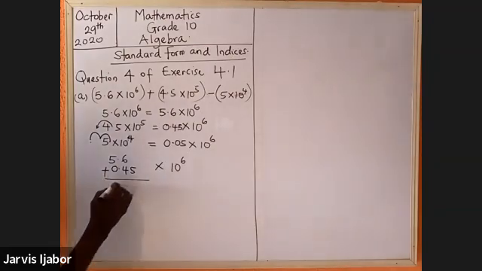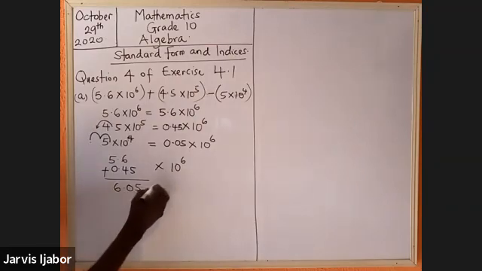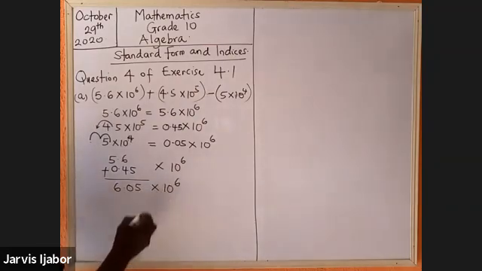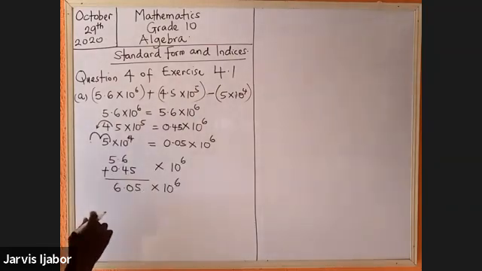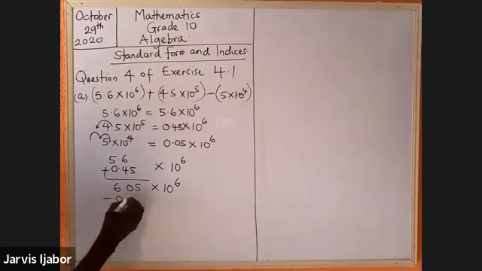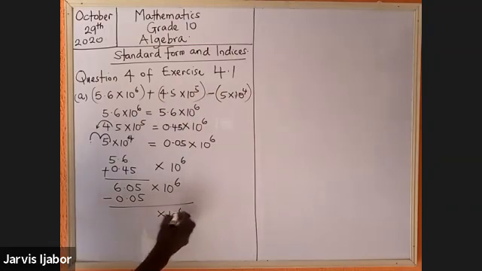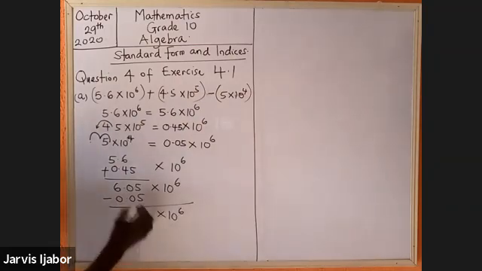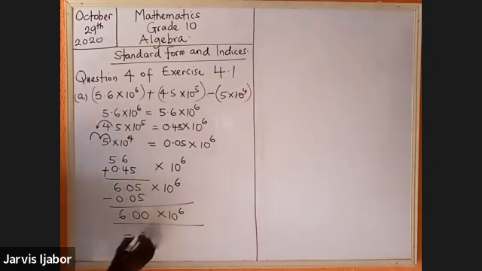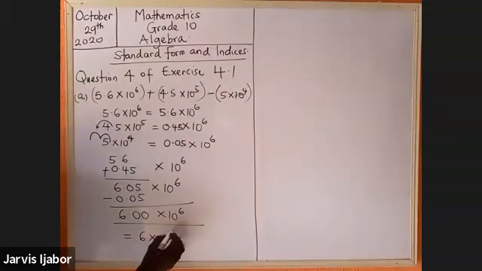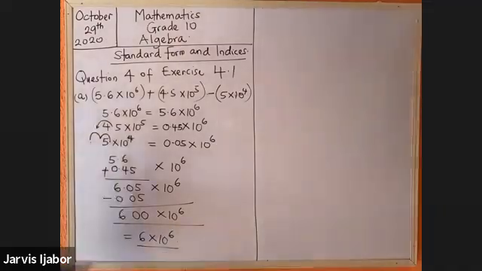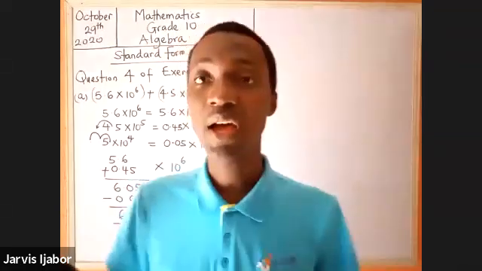This will give me 6.05 times 10 raised to the power of 6. And then I'll bring this one in, minus 0.05 times 10 to the power of 6. And that will give me 6.0, which invariably becomes 6 times 10 raised to the power of 6. And that solves that particular question.